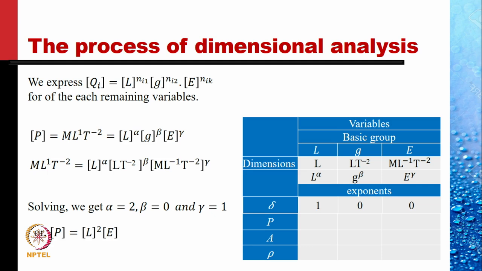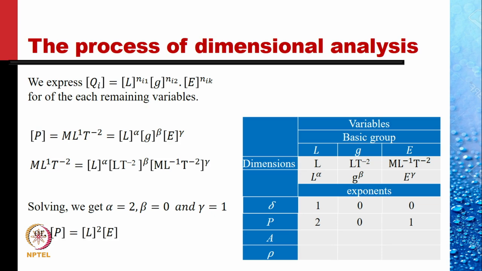Since gamma is 1, determined already, beta must be 0. Similarly, we get alpha is equal to 2. So P has the same dimension as L squared E. So we write the value of alpha as 2, the value of beta as 0, and of gamma as 1 as a second line in this table against P.